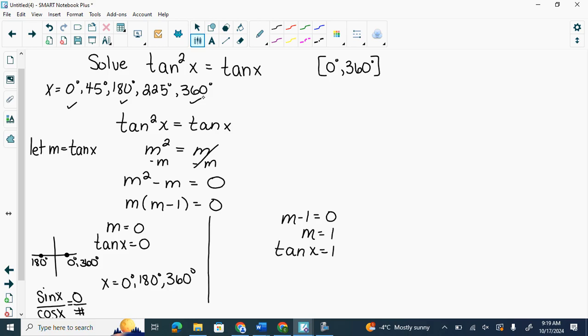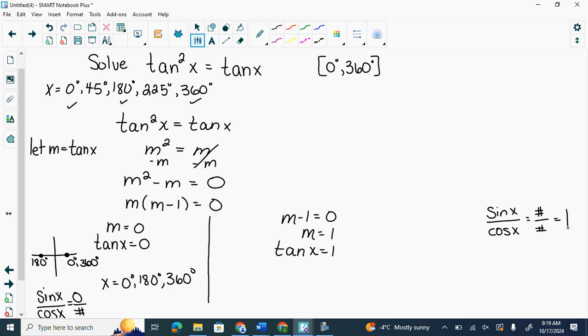Okay, where does tan x equal 1? When sine and cos are the same, correct? So when sine x and cos x are the same number, I get 1. Do we agree? So where are sine and cos the same numbers on your unit circle? 45 and 225.